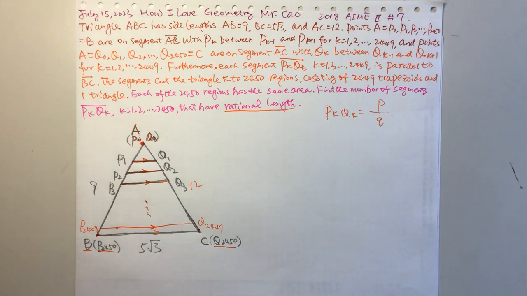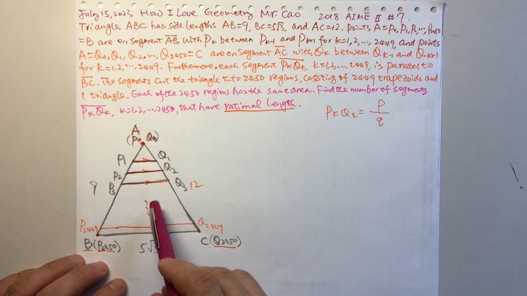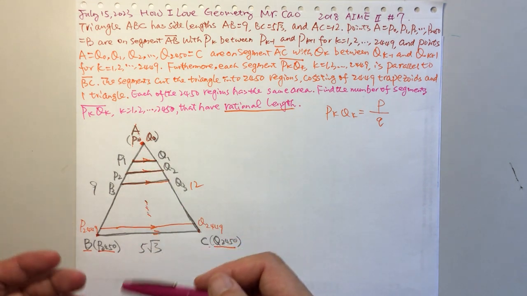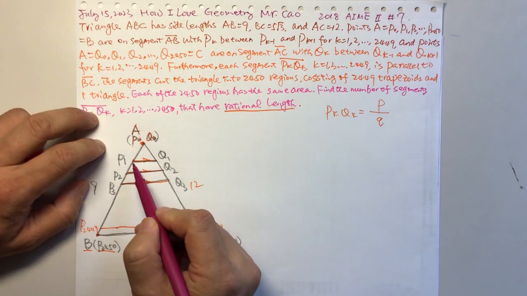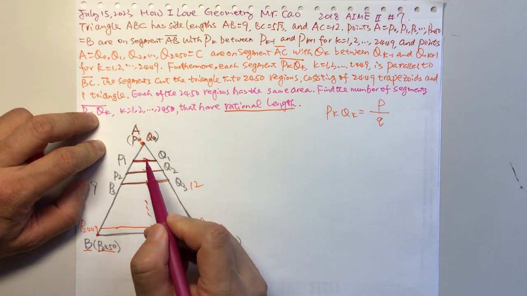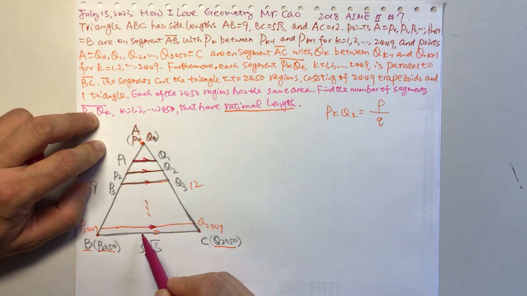So at first glance, what idea do we get for this problem? We see a triangle, a lot of parallel segments, and area. So it's about the relationship between segment length, parallel lines, and the area ratio.